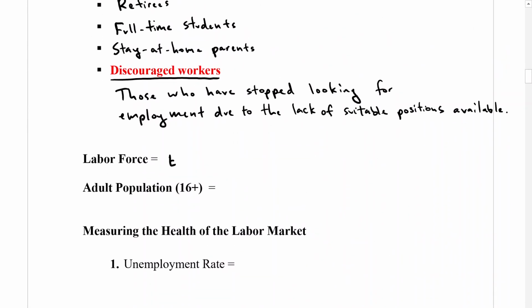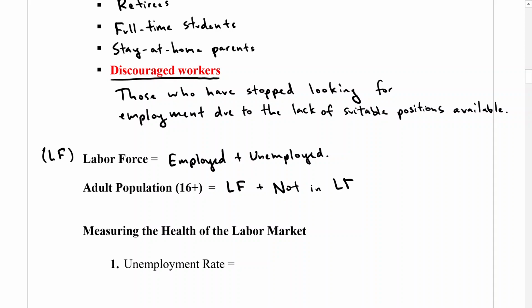The labor force are those who are employed, the number employed plus the number unemployed. That'll give you the labor force. The adult population, which I did just write above, we'll abbreviate labor force as LF. Again, that's those in the labor force plus those not in the labor force.